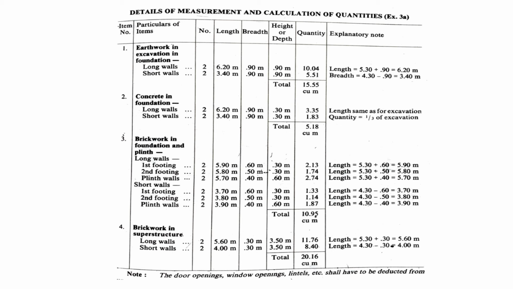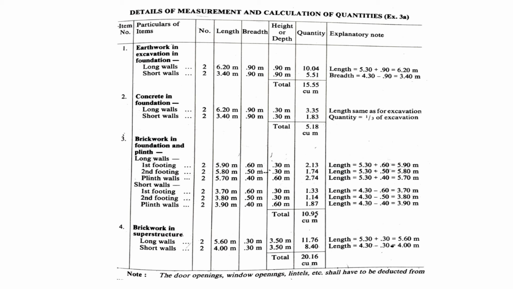Here long wall length is 5.3 meter plus first footing width 0.6 meters, so that total length, center to center distance plus 1 width, is equal to 5.9 meters. Next, breadth of the first footing 0.6 meters, thickness of the first footing layer 0.3, so that 2.13 m cubes. Second footing, two numbers, length is center to center distance plus 0.5, width of the second footing, is equal to 5.8 meters.